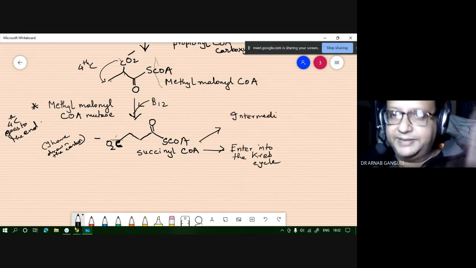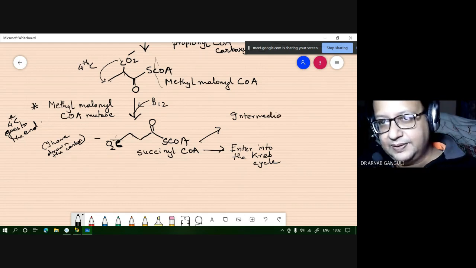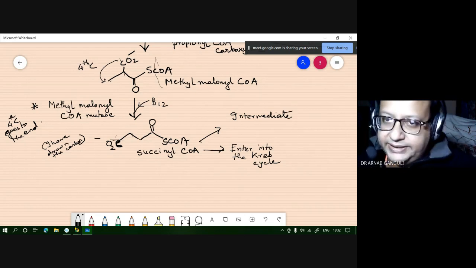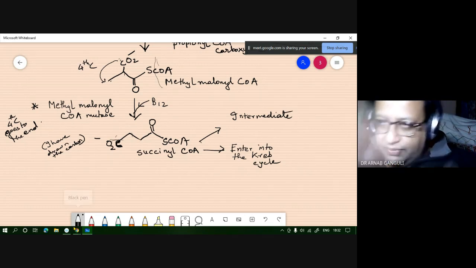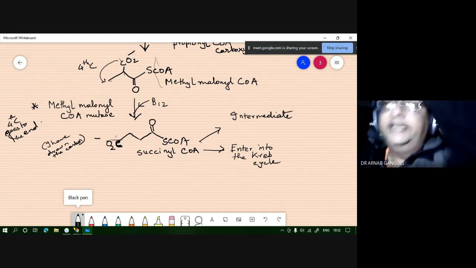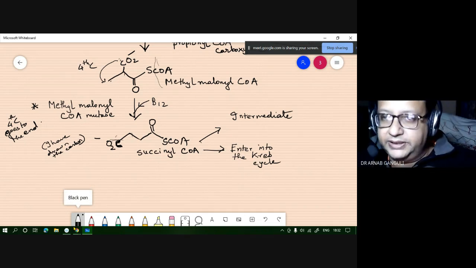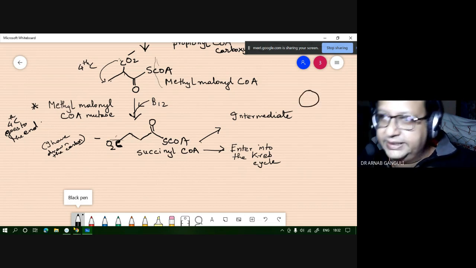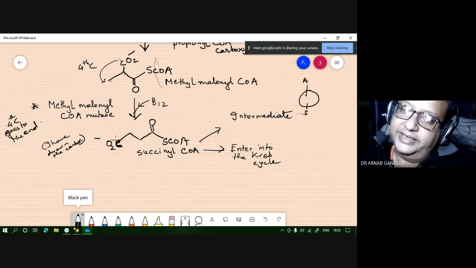So half the Krebs cycle will go from the succinyl CoA step. Acetyl coenzyme A is in the first step, but succinyl CoA is just opposite in the circle. So if this is the whole cycle, acetyl CoA is over here and succinyl CoA is over here.